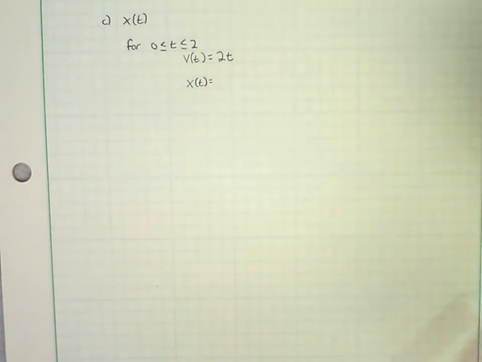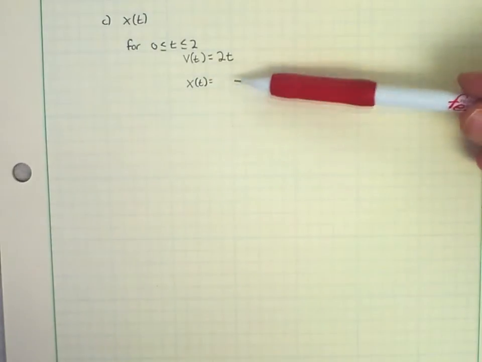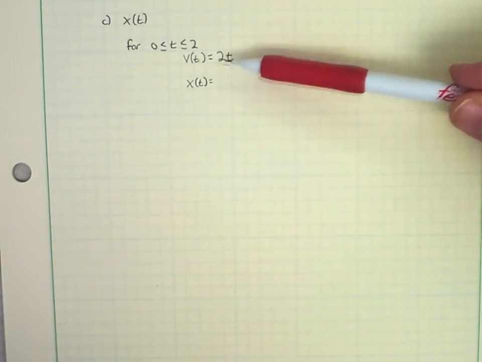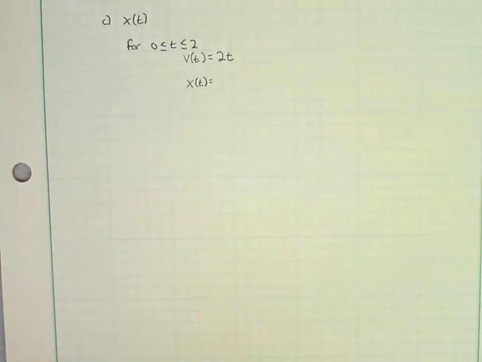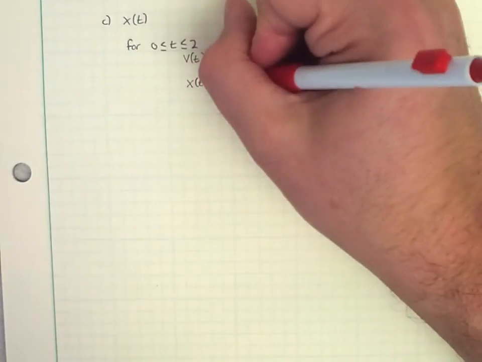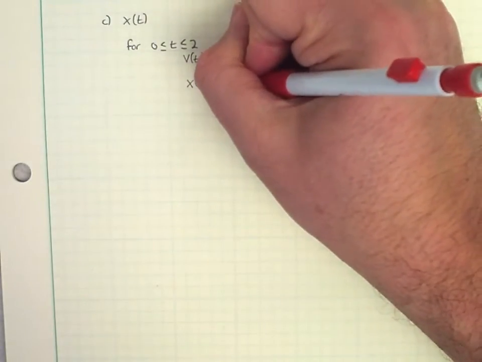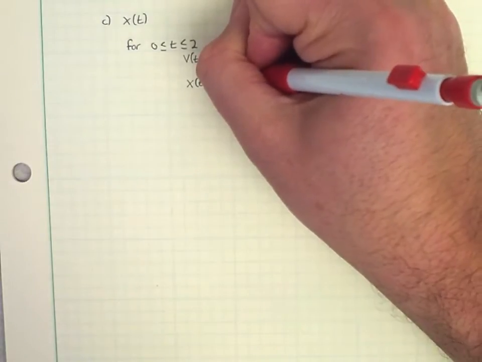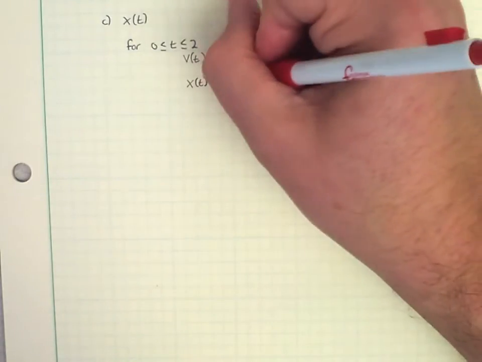So we have to think backwards from the things we've done before. We know this is the derivative of this. So if we think backwards, what has a derivative of 2t? Well, we've played with these functions many times, and we start to remember that I can get it by raising the power by one and dividing by the new one.